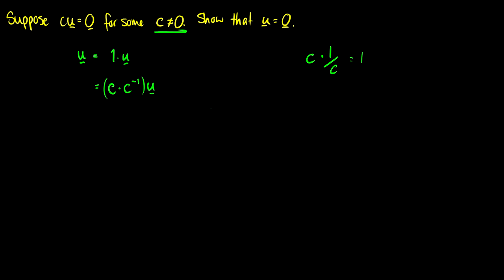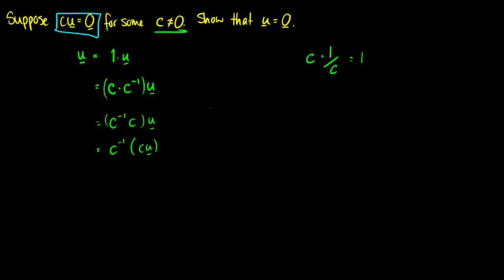Okay, so now the next step, we should flip these around for commutativity. So we're going to have c inverse times c times the vector u, and then we should group up this c times u together. Why do we want to group up this c times u? Well, we do that because we supposed that c times u is equal to the zero vector. We're just trying to prove that u is equal to 0.